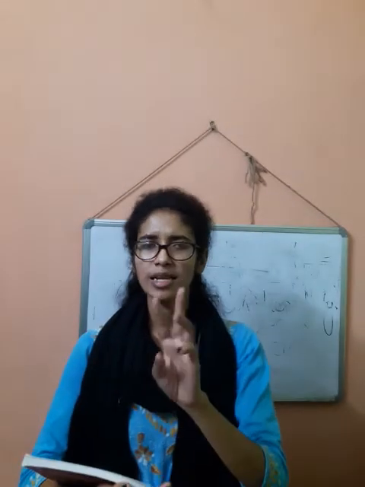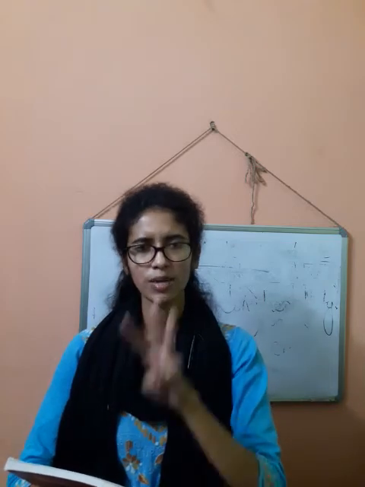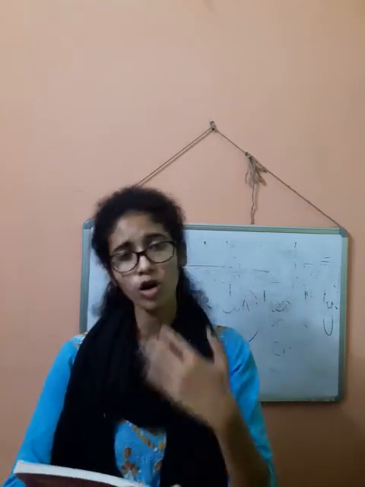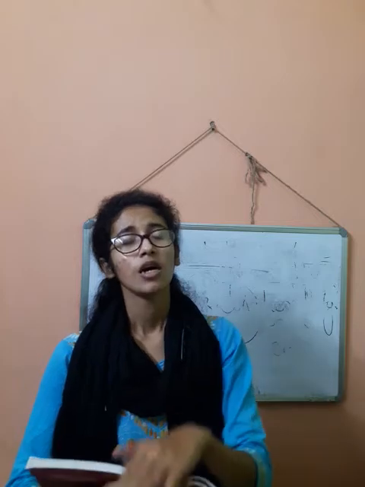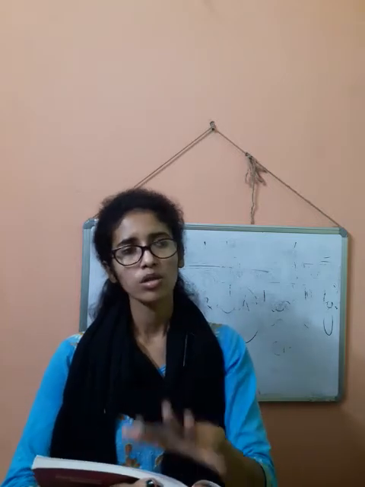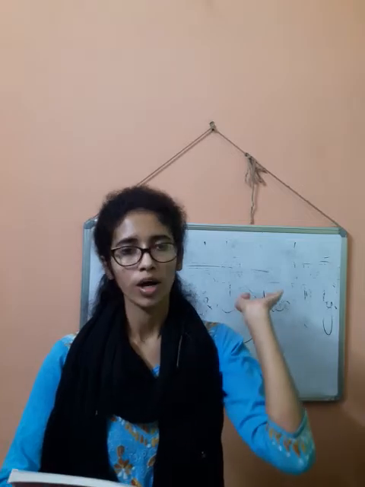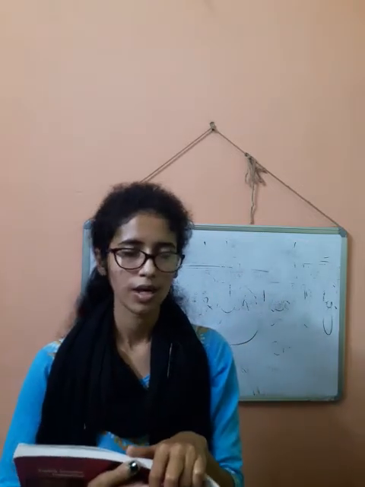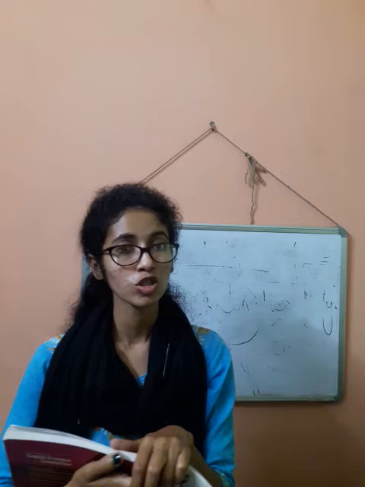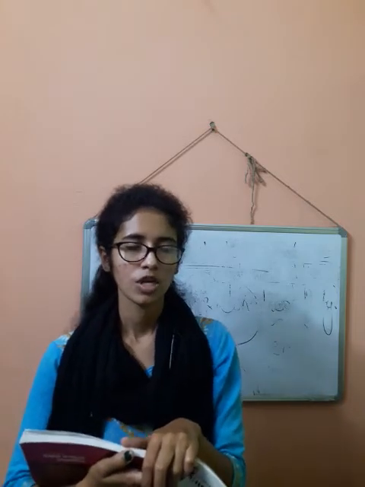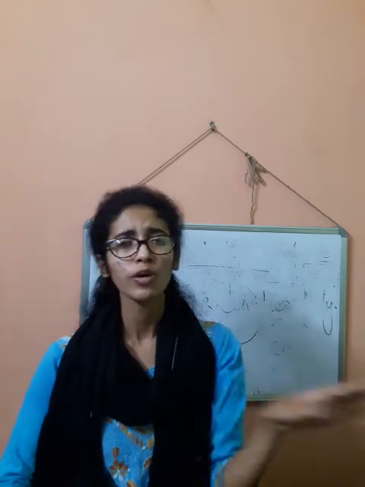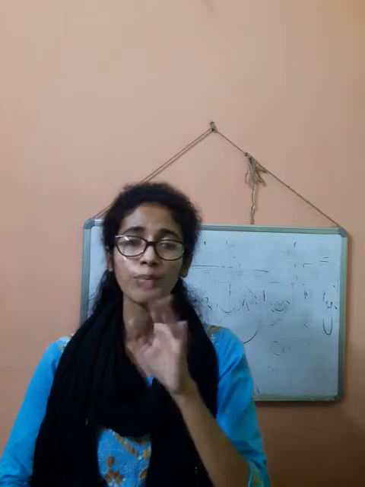In superlative degree, there will be at least 3 persons or 3 things, 3 nouns, at least 3 or more than that, and one will be the superior one, the most superior one. Like Ram is the best student in the class. So there is a group of students in the class and Ram is the best one.